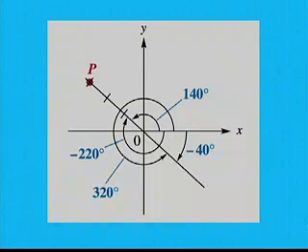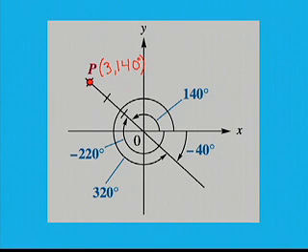Let's deal with part A first. Here's our point P, which is the point 3 comma 140 degrees. Now, we want to come up with 3 other points.